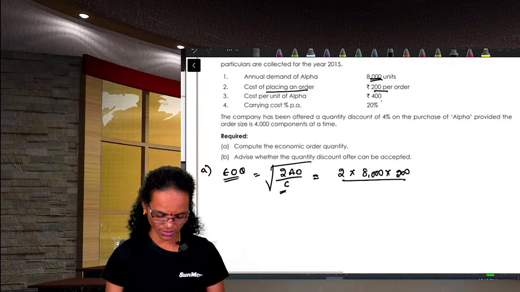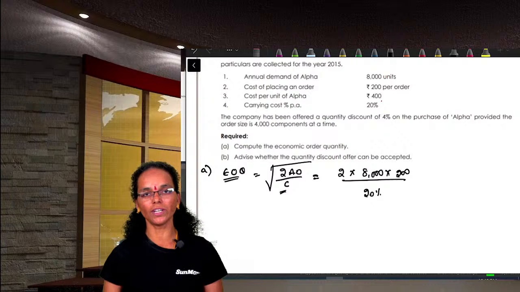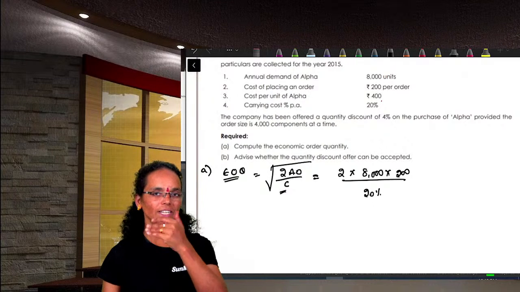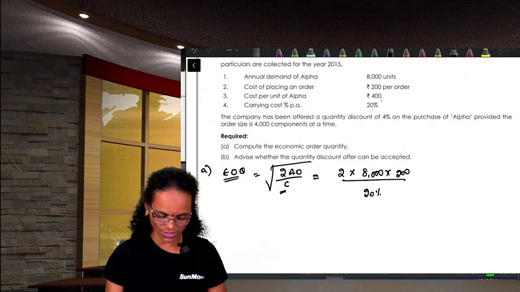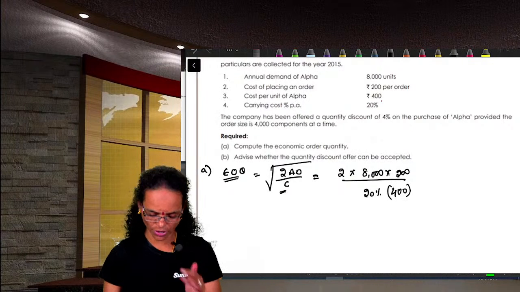Carrying cost is 20% on purchase cost. What is the purchase cost? We are calculating economic order quantity, which means the vendor is not giving the discount in the first instance. So the cost of the product is 400 rupees only.